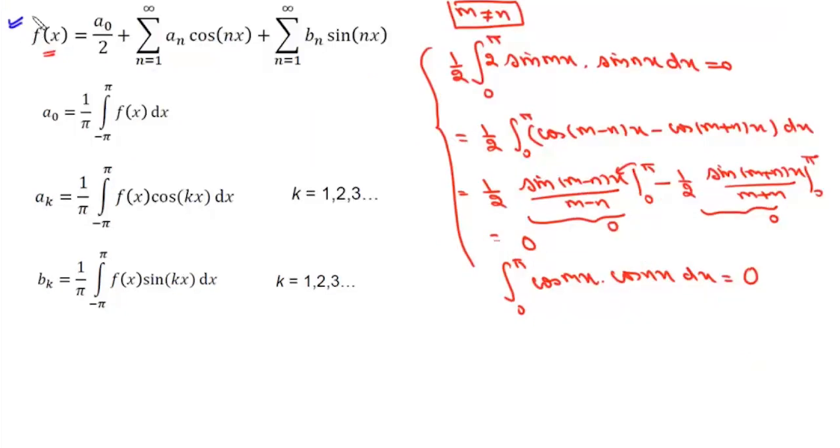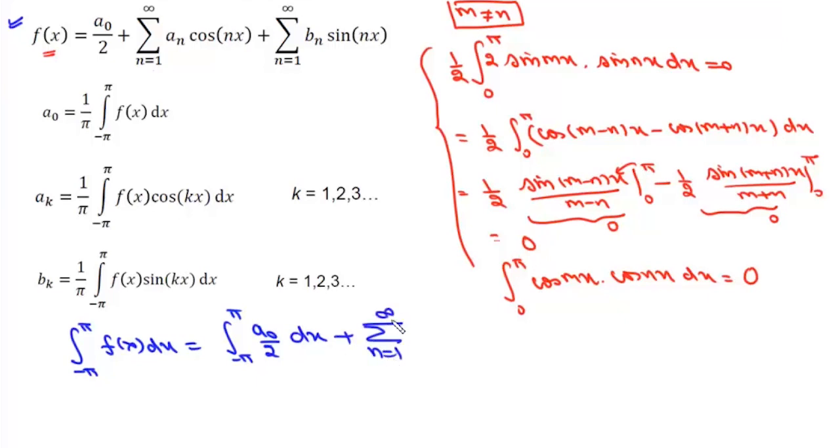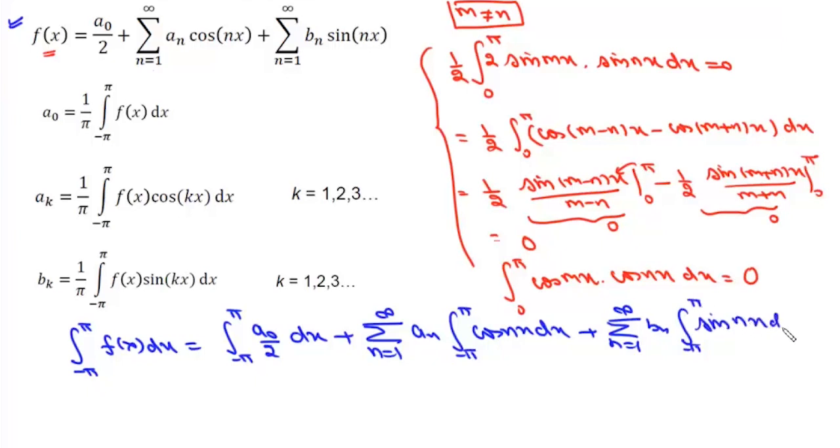Now if we integrate this equation from minus pi to plus pi, then we can write this as the integral from minus pi to plus pi f(x) dx, and then the integral from minus pi to plus pi a0 by 2 dx, plus the summation n varies from 1 to infinity an, and then the integral from minus pi to plus pi cos nx dx, and then plus the summation n varies from 1 to infinity bn integral from minus pi to plus pi sin nx dx.